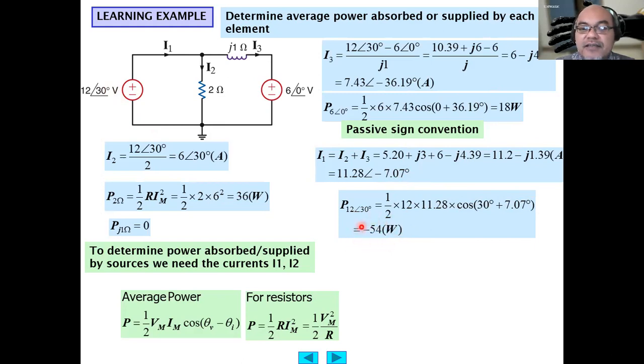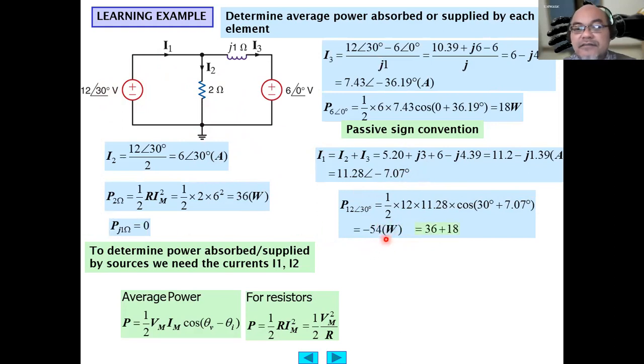Does everyone understand why this is minus? Because according to passive sign convention, since current is leaving the positive terminal, the power absorbed by this voltage source equals minus 54 watt. In other words, this voltage source supplies power.